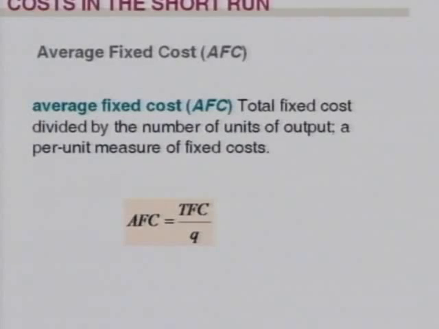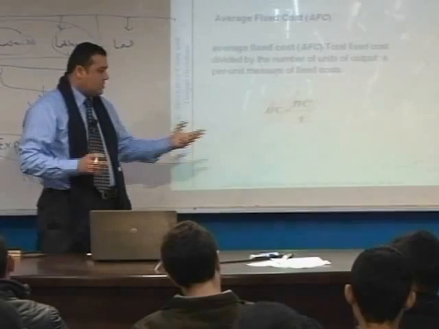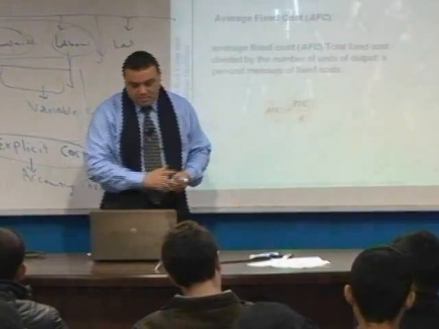The average fixed cost is the total fixed cost divided by the number of units of output, a per unit measure of fixed cost. AFC equals TFC over Q.